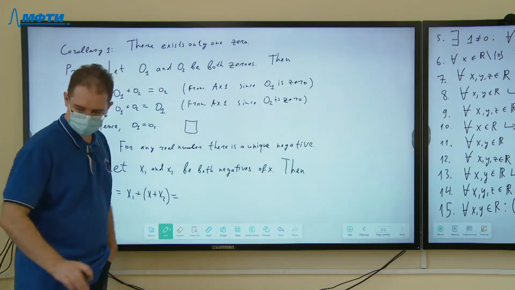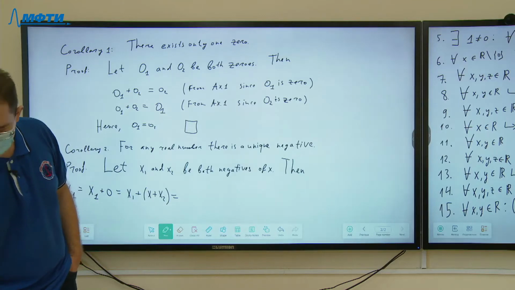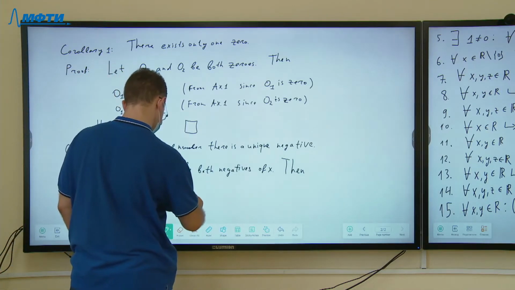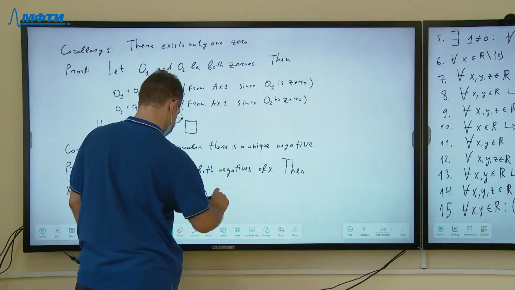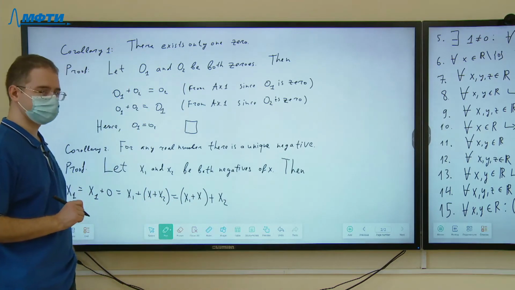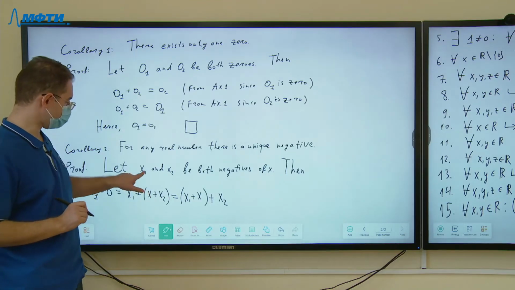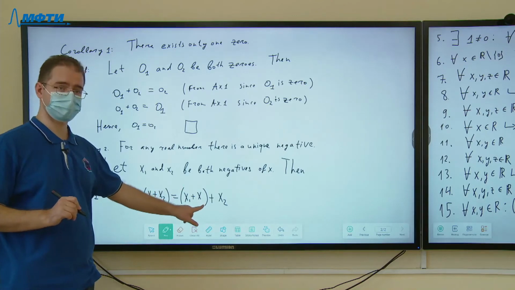Then using the third axiom, I can write it like this. And since x1 is negative of x, this first bracket is 0.